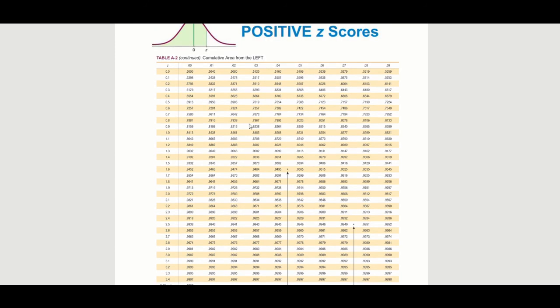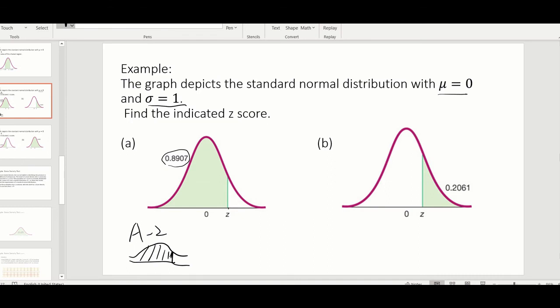Okay, so the corresponding z-score to this area is 1.23. So the answer here, the z-score is 1.23, so that the area to the left of it is 0.8907.